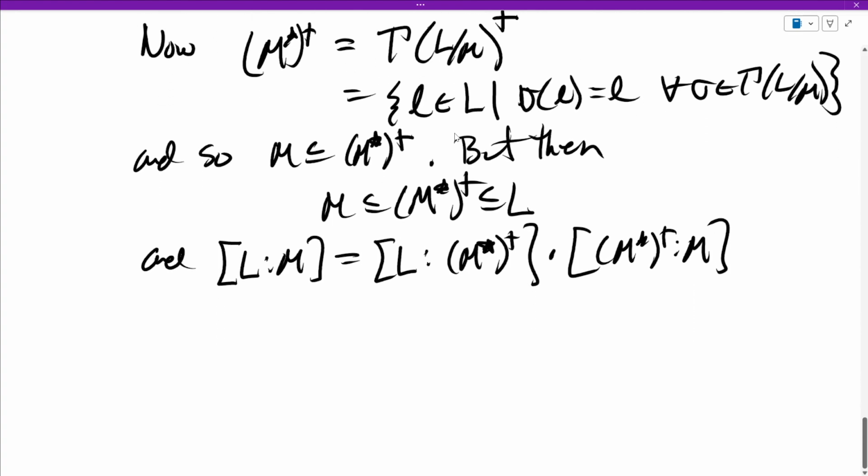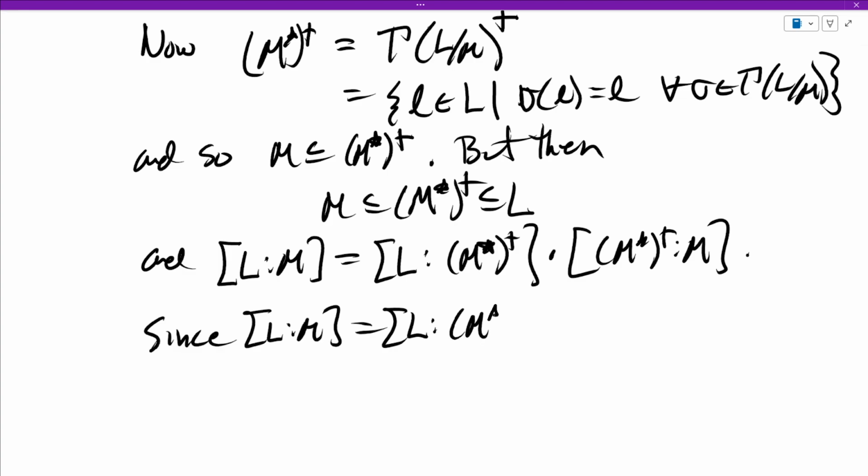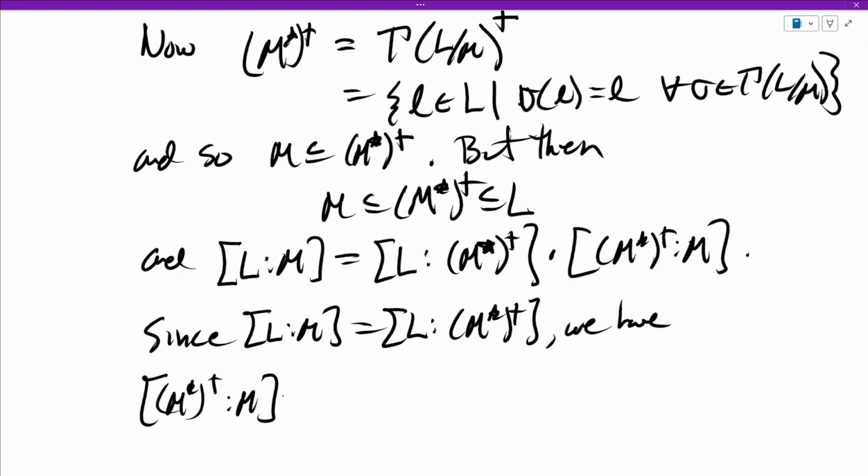But these guys here are the same. If this was degree D, this one's also degree D. So this other guy must be a 1. So let me write that out. Since [L:M] equals [L:M star dagger], we have that the degree of M star dagger over M is 1, and so they're equal.